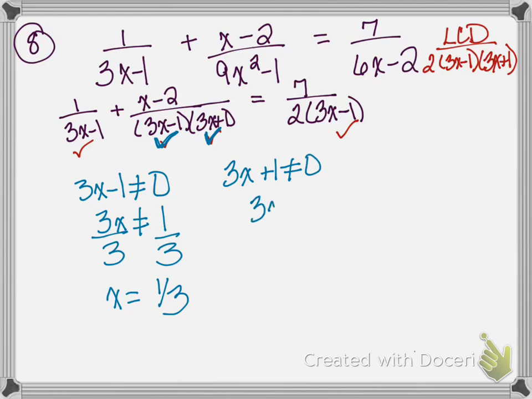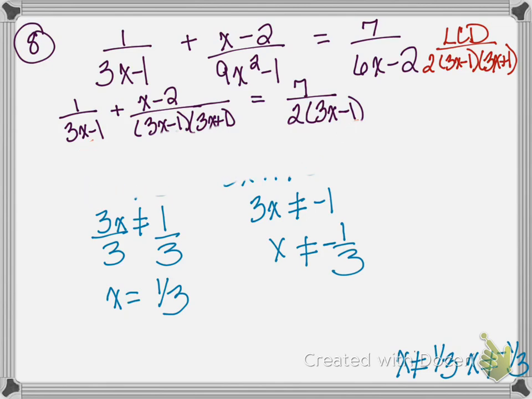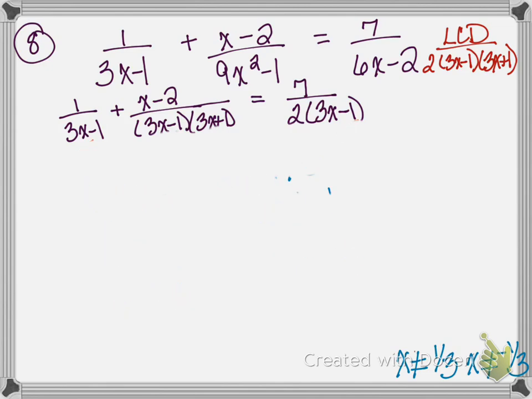So I have 3x cannot be negative 1, and x cannot be negative 1/3. Now, I know I've still got my 2 there, but I don't have to worry about that because it doesn't have an x in it. So x cannot be 1/3 and x cannot be negative 1/3. So if I were to get either one of those for this problem, then I would have to throw it out.